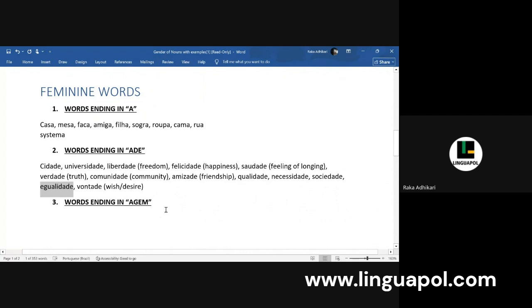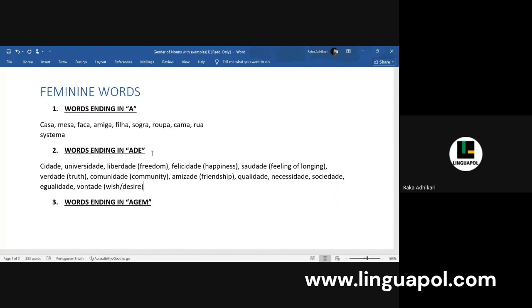Igualdade, equality. Vontade, wish or desire. So like this, all the words that end in ade are feminine words, and there's absolutely no exception to this. There will be no exception to this rule. Whatever ends in ade is feminine.